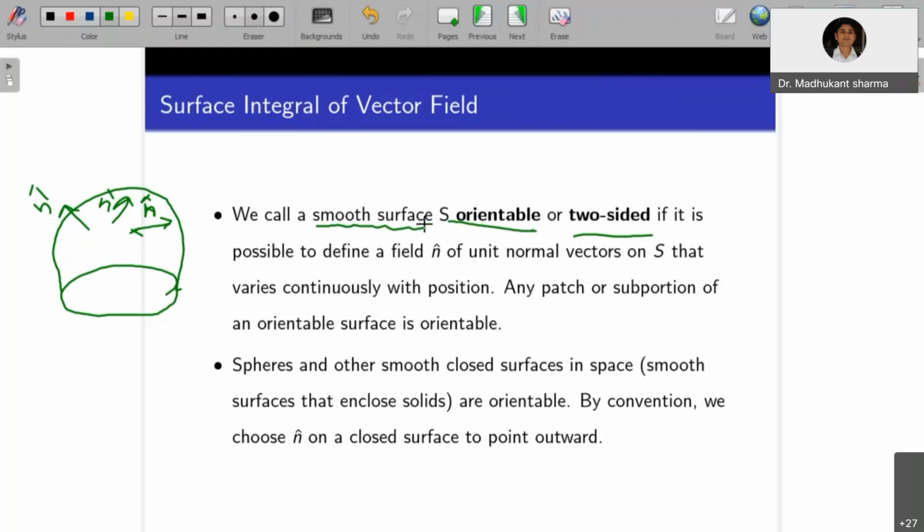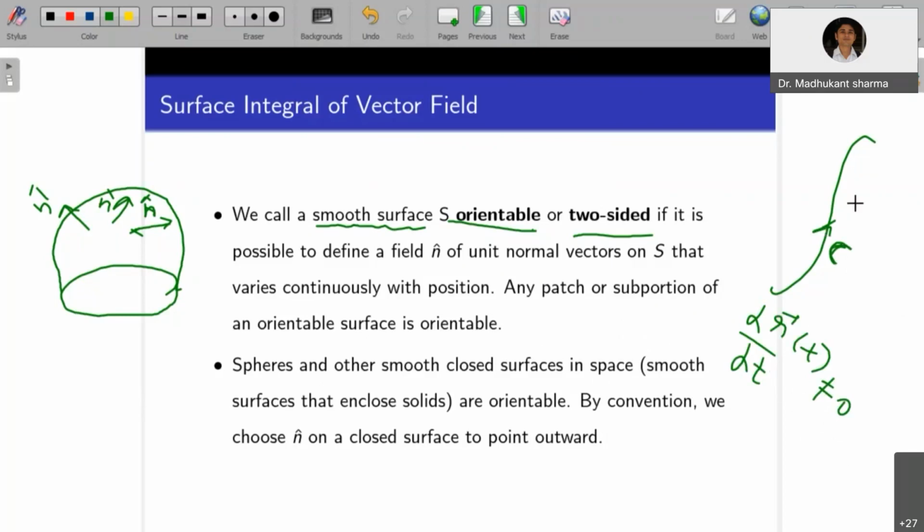If you recall, we say that a curve C is smooth when, with the parameterization r of t, dr by dt is continuous and non-zero along the curve.